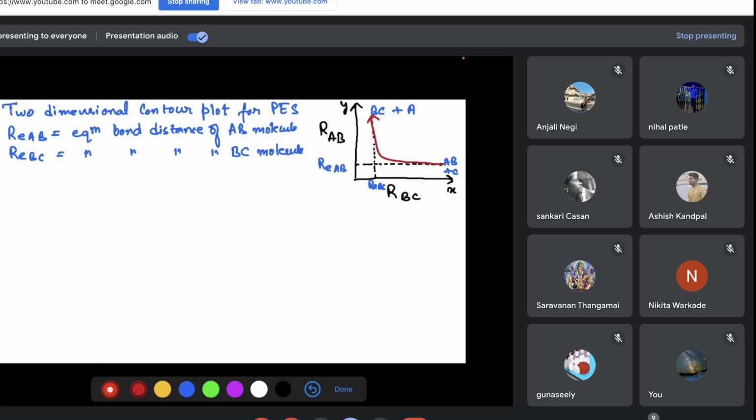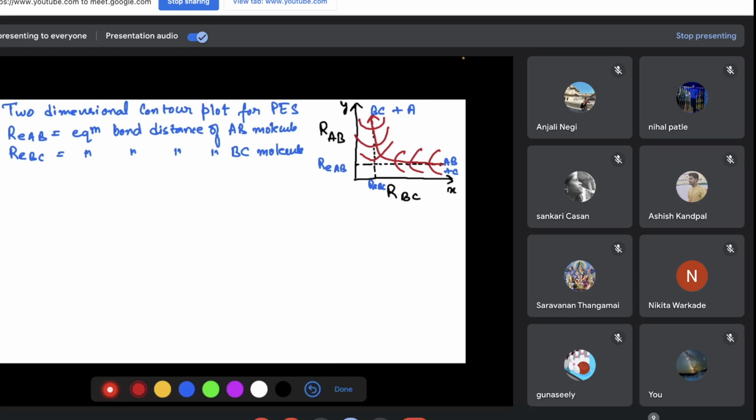And so let's say it starts from here and goes to here. And there, if I draw some contour plot, something like this, the potential energy surface in two dimensions is the contour plot.